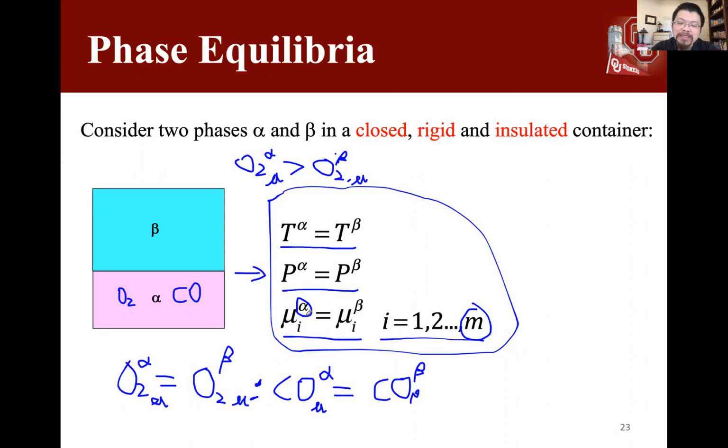So that is the mathematical definition of phase equilibrium. We were talking about the driving force. The net driving force should be zero for heat, mechanical force, and mass transfer, which is the chemical potential gradient. But if one of those is not at equilibrium, then the system is not at equilibrium.